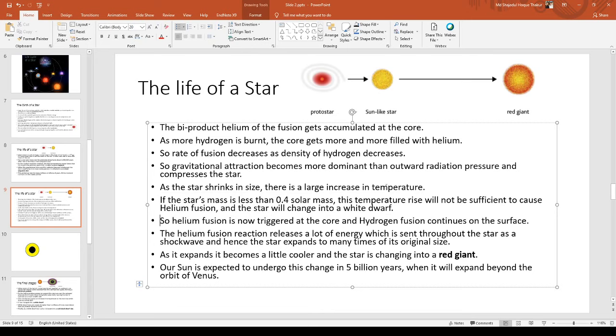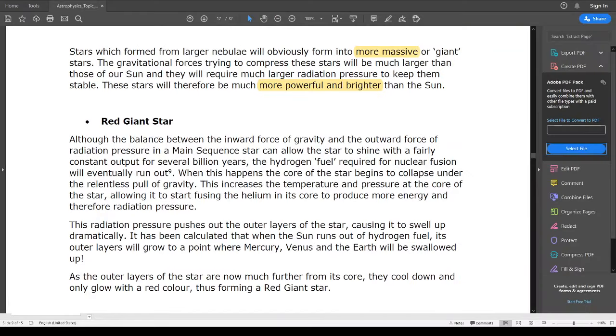Okay. After this point, let's go back to our reading material. Now, let's read what we have already studied. Although the balance between the inward force of gravity and the outward force of radiation pressure in a main sequence star can allow the star to shine with a fairly constant output for several billion years, the hydrogen fuel, which is not actually fuel, but we're saying fuel, required for nuclear fusion will eventually run out.